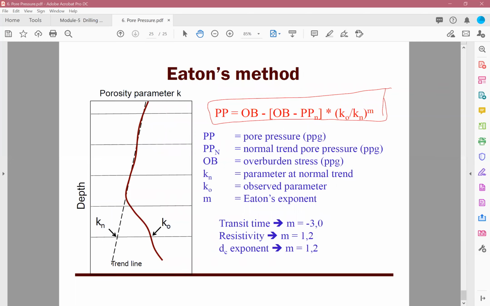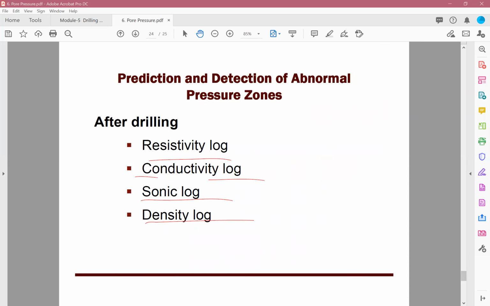First look at the left side, this picture here. This is depth, and this is any parameter that is an indicator of your pore pressure. Those parameters could be resistivity log, conductivity, sonic log delta T travel time, or the density from the well log.